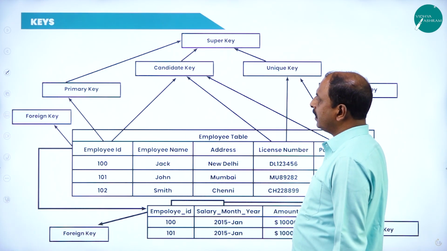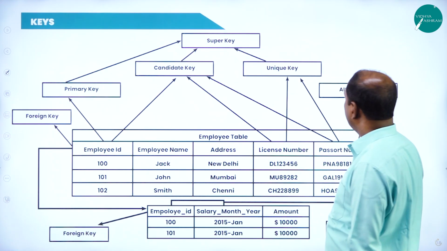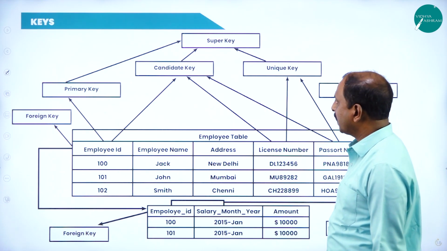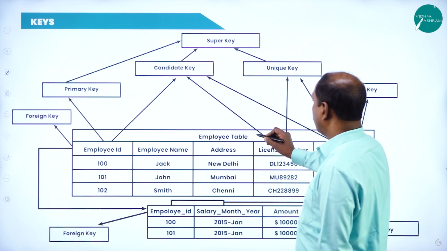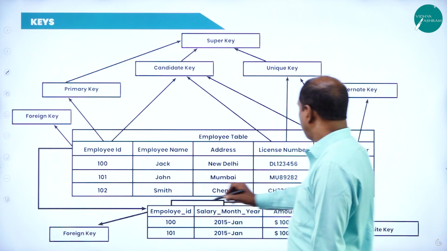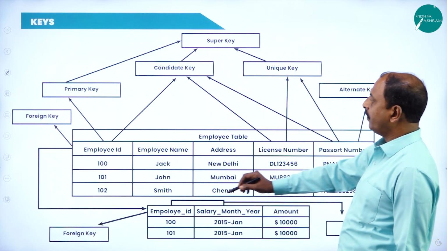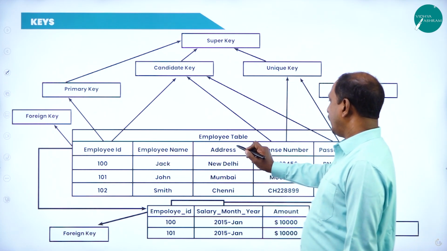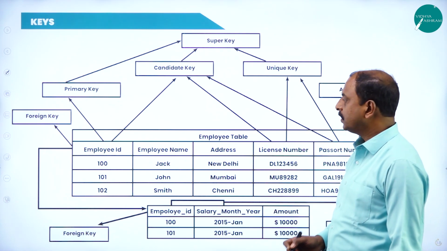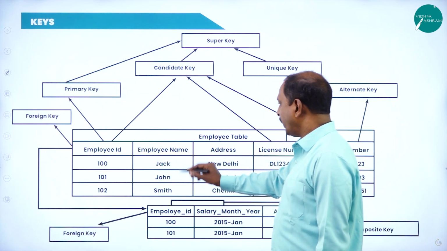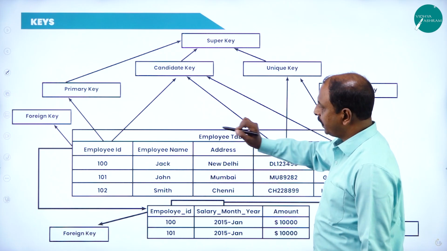By looking at the diagram, we can understand the definitions of different types of keys here. Now look at this. This is one table, the employee table. In the employee table, we have employee ID, name, address, license number, and passport. All are different attributes. And here, these are the different values in the table.